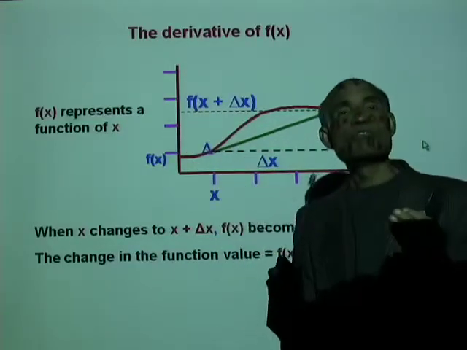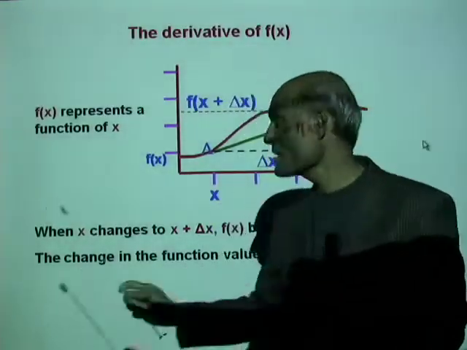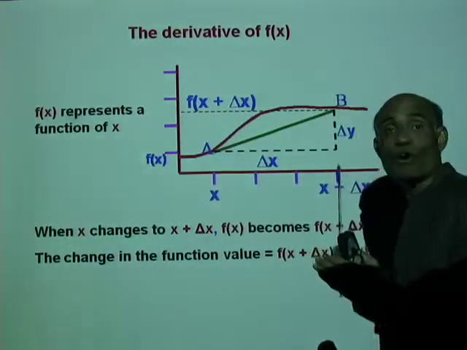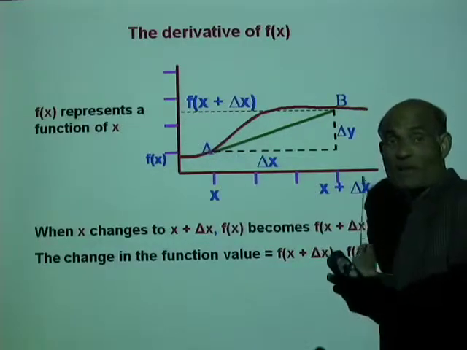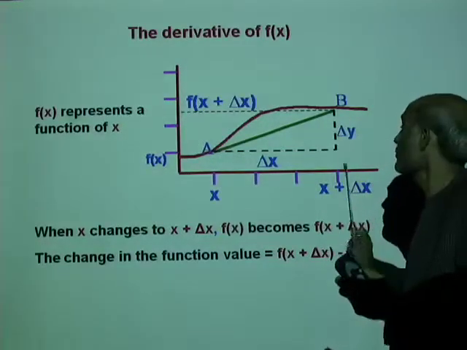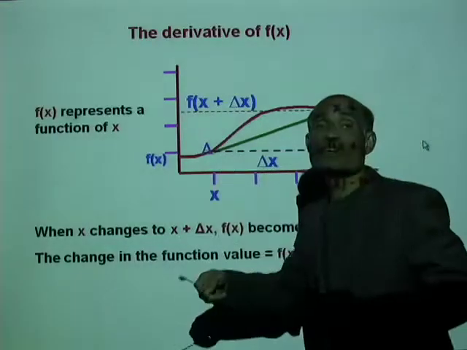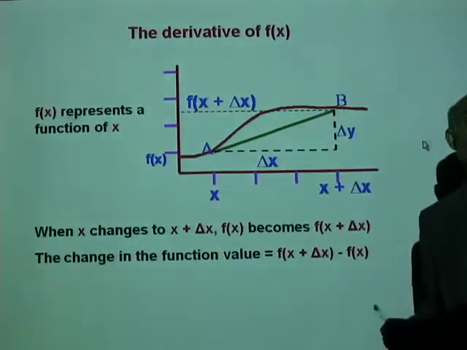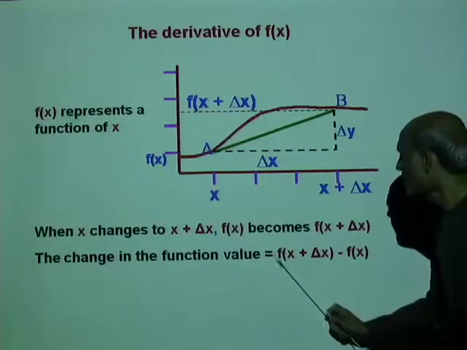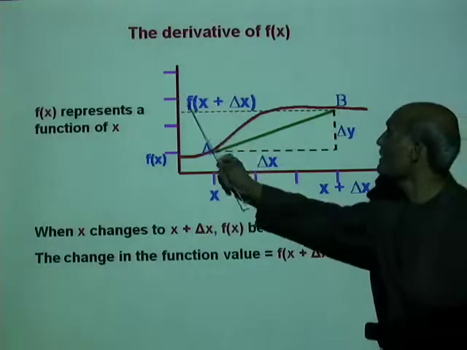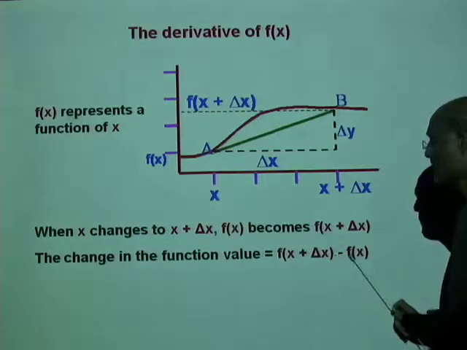In other words, when you say f of 2 equals 20, f of 4 equals 40. Is that right? So here, the input is x plus delta x. The output is f of x plus delta x. Now tell me, what does this quantity represent? F of x plus delta x minus f of x.